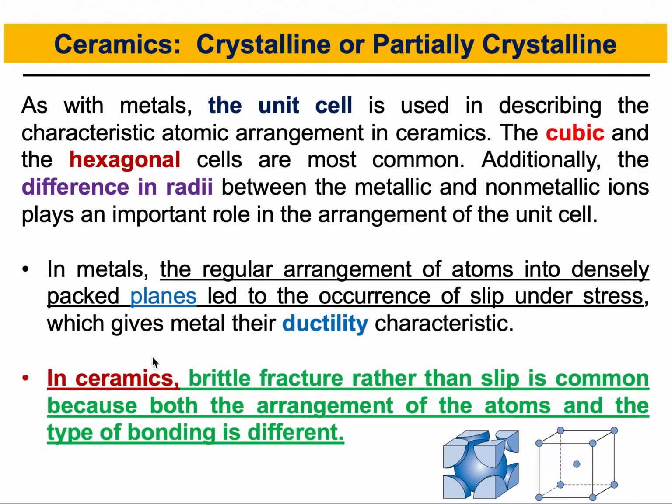However, in ceramics, on the other hand, we have this arrangement of atoms, but we don't have slip and slide planes because the atoms are ions, and we have ionic bonding. Ionic bonds are different from metallic bonding in such a way that they do not allow dislocations or atoms to move and create plastic deformation.